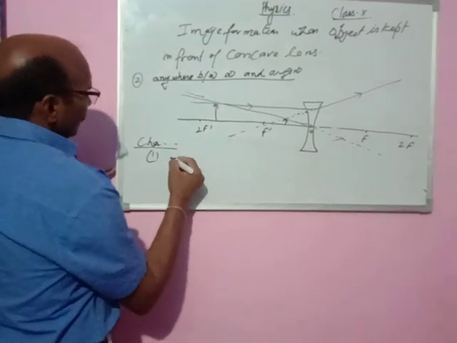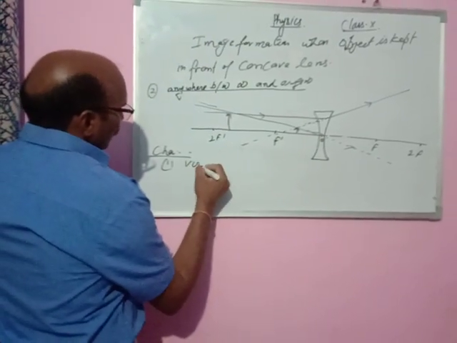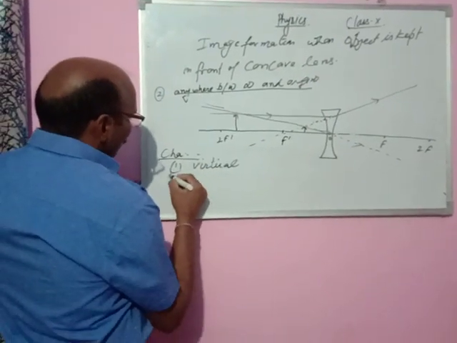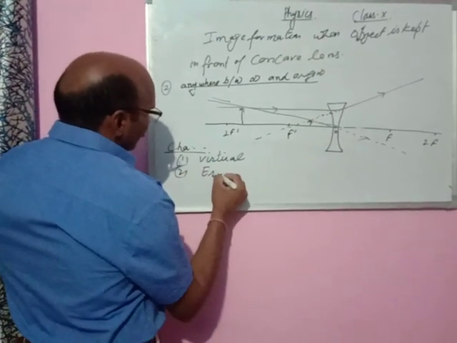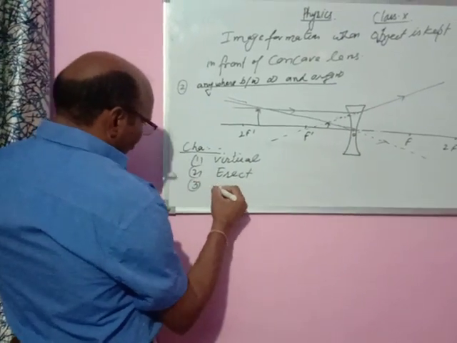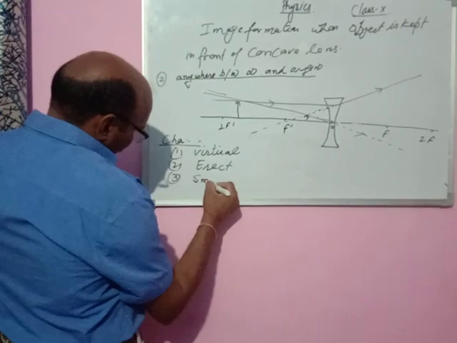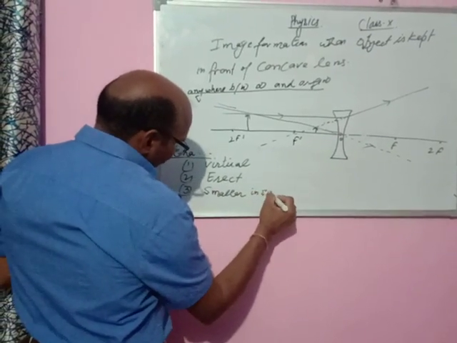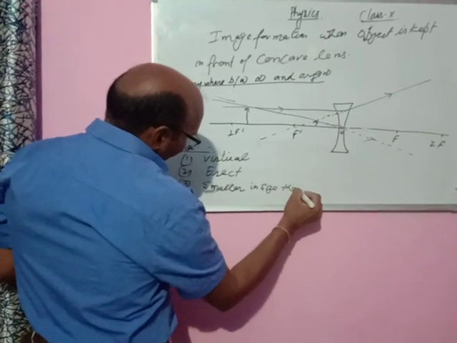So what are the characteristics of the image? Number 1, image is virtual. Number 2, erect. Number 3, smaller in size than object.